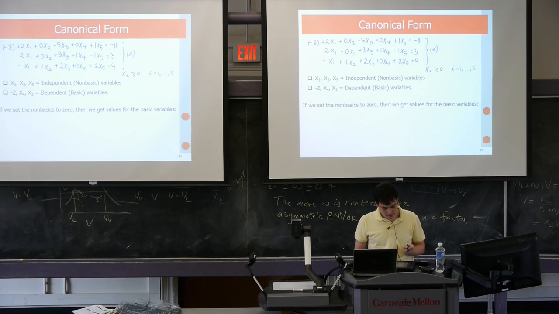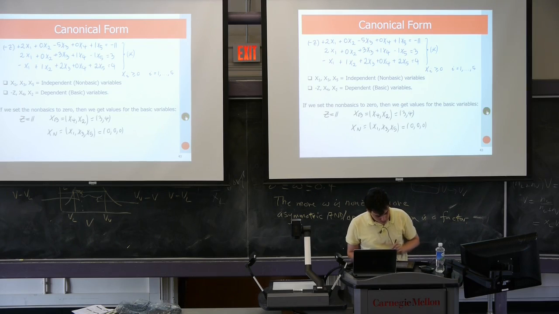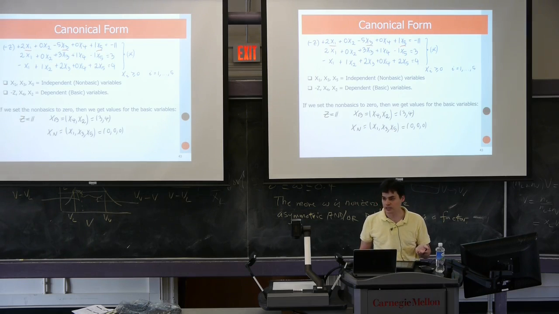So the benefit of this that if we set the non-basic variables to 0, then we get values for the basic variables. Right? So you can see that if we set x1, x3, and x5 to 0, then you can see that minus z is minus 11, so z is 11.